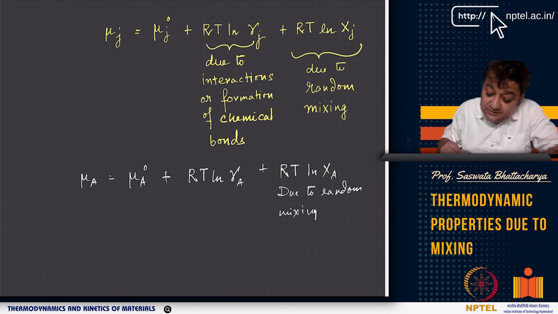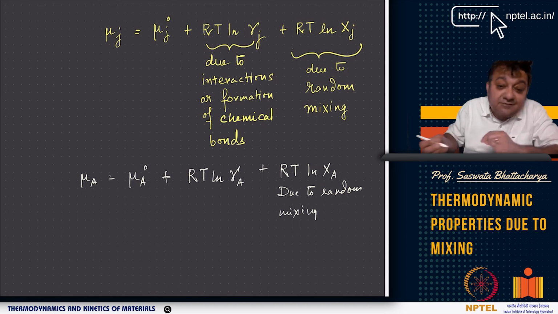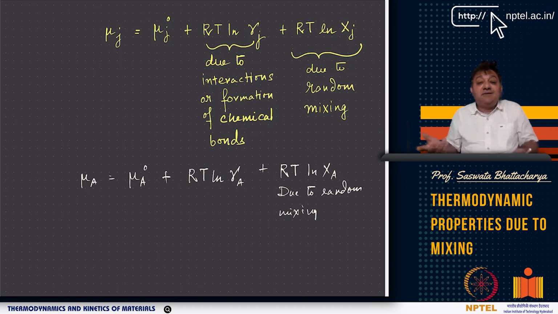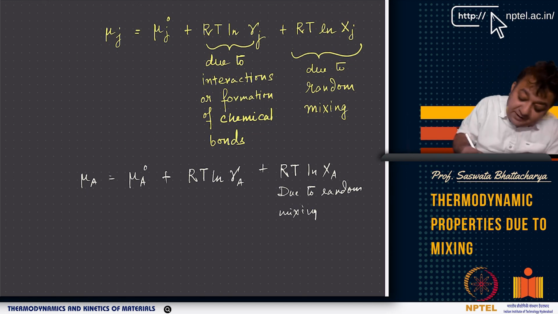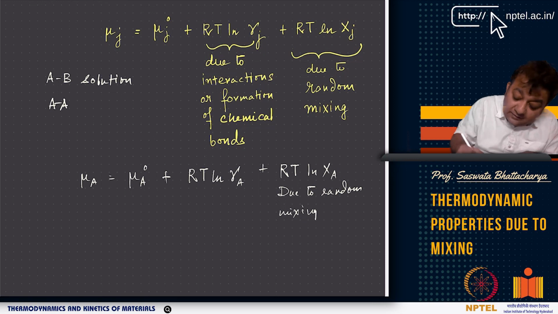And this part is due to interactions between other atoms. So A is interacting with B. So this part comes due to interactions between A and B and formation of chemical bonds. So what type of chemical bonds? Say if I have an AB solution, then what are the chemical bonds that can form? You can have AA bonds, you can have pairwise bonds.